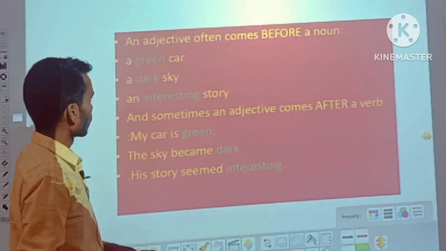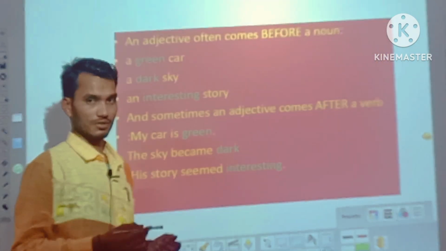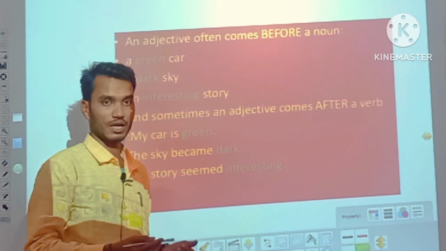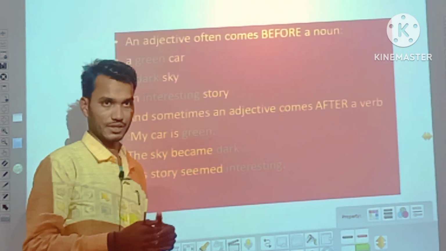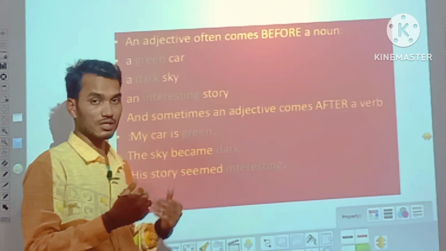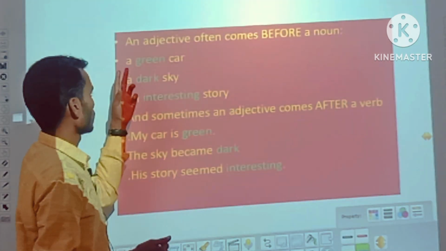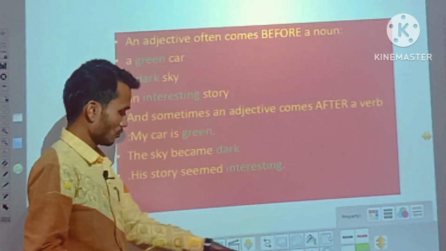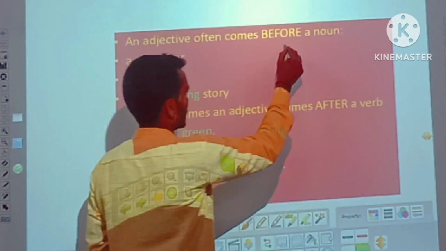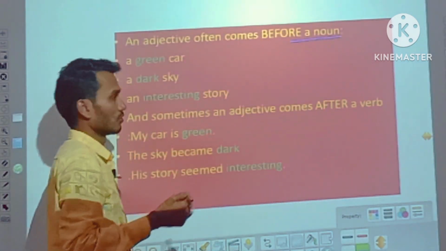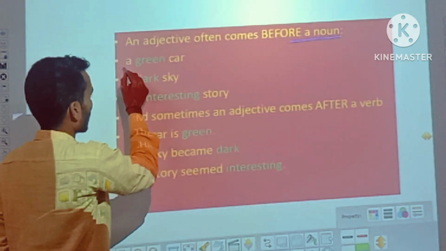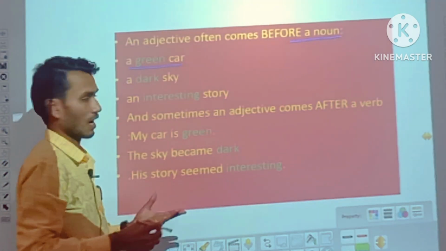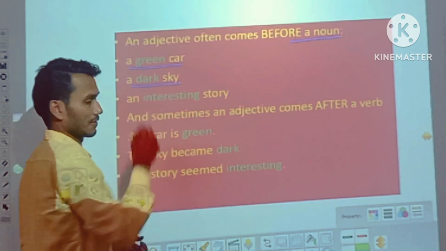Then if you look at the usage, where we should use adjectives and where we are not supposed to use them: an adjective often comes before a noun. We usually use adjectives before nouns. For instance, a green car, a dark sky.